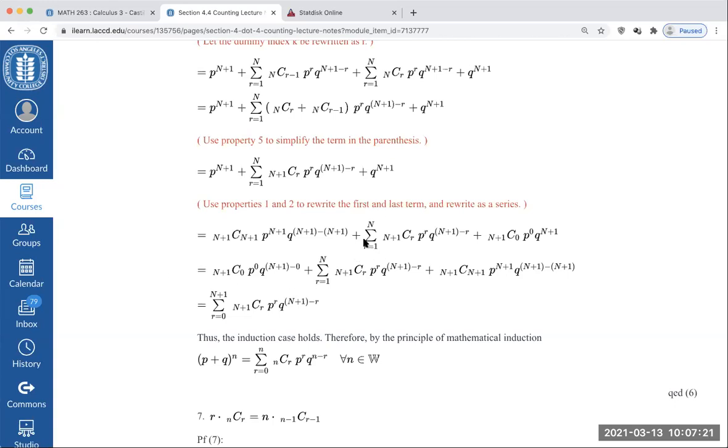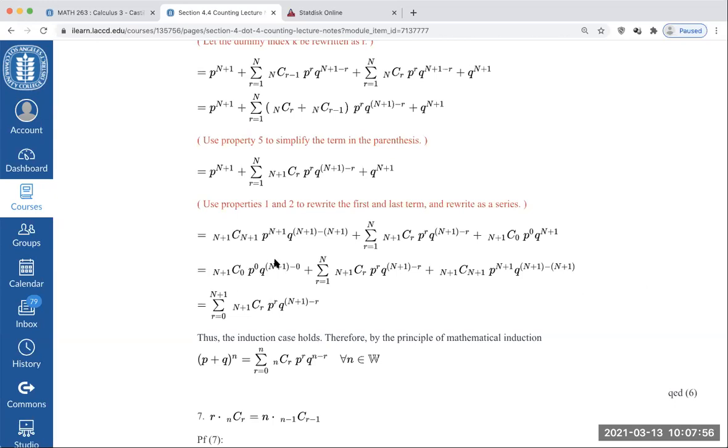The sum r equaling 1 to capital N plus 1, (N+1)Cr, p to the r, q to the capital N plus 1 minus r. And let's write this first term here as my last term. (N+1)C(N+1) times p to the capital N plus 1 times q to the power N plus 1 minus (N+1).